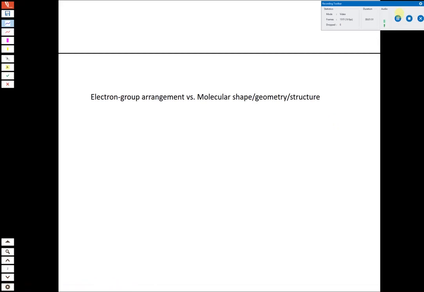Here we go. All right, so we're talking about the difference between electron group arrangement and molecular shape or molecular geometry, or sometimes just referred to as molecular structure. A lot of different ways of saying the same thing.